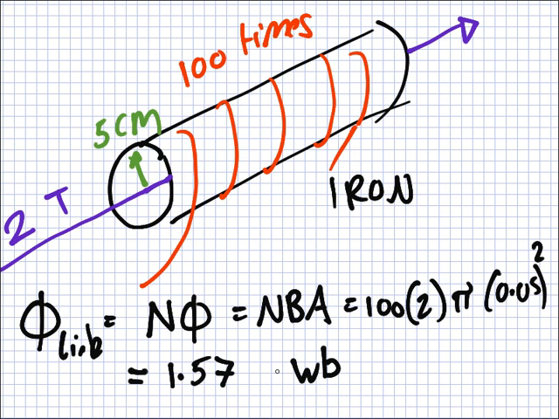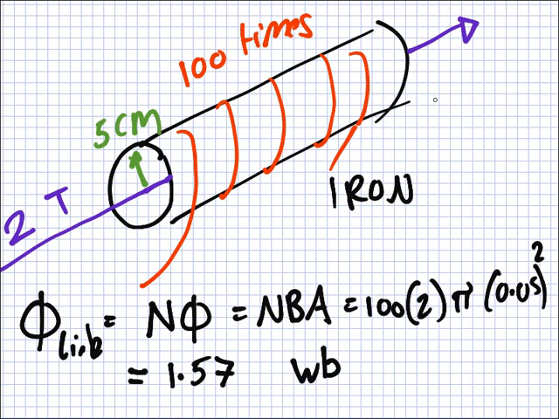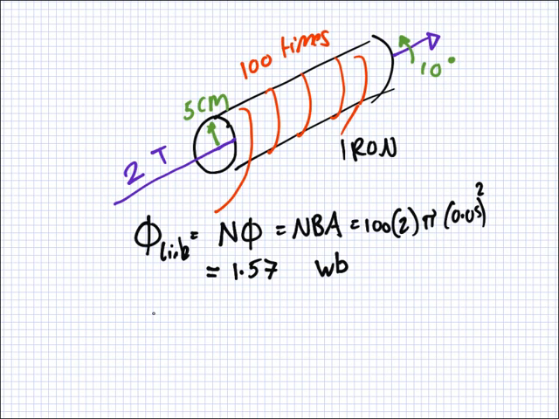Okay, and then the next part is what would happen if the angle is 10 degrees. If you now shift this 10 degrees, times cos 10. Yeah, that's it. So now the flux linkage would equal 1.57 cos 10, and what's that, Zach? It's a negative number.